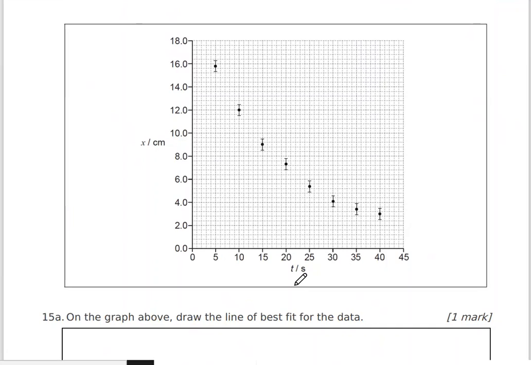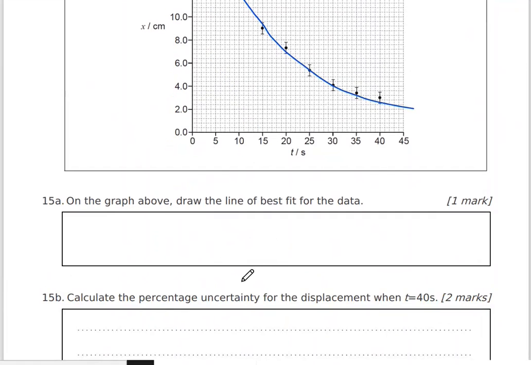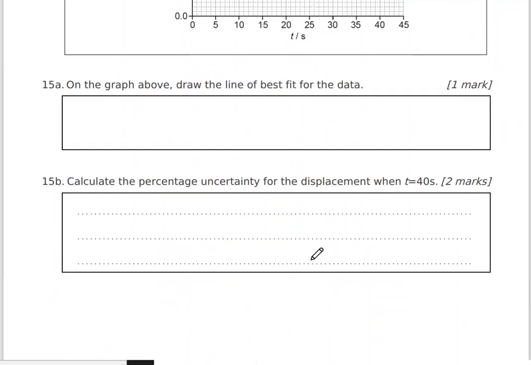So all we need to do is draw a smooth curve.